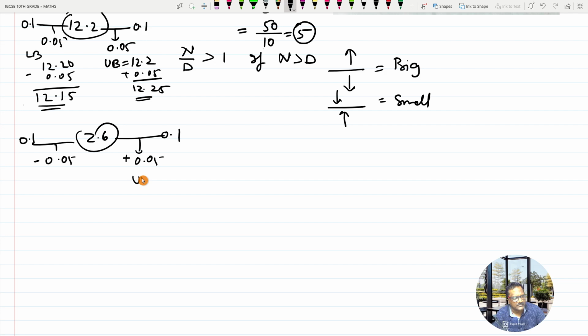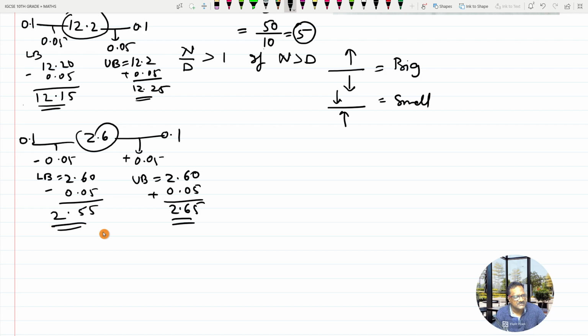So my upper bound for 2.6 will be 2.6 plus 0.05. That makes it 2.65. So this is the upper bound, and the lower bound will be 2.6 minus 0.05. 10 minus 5 is 5 and 5 over here. So 2.55. This is the lower bound.